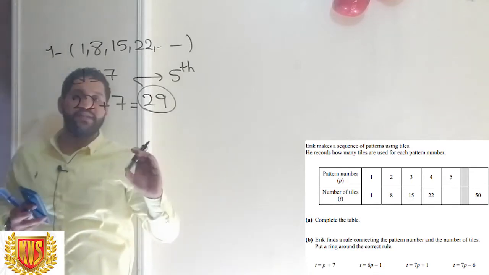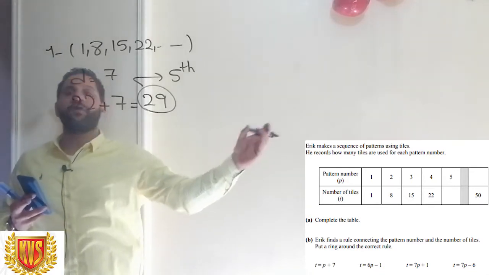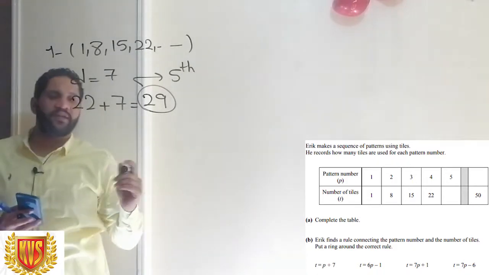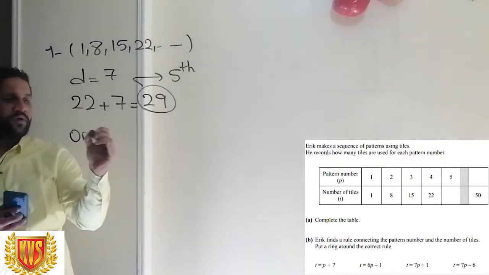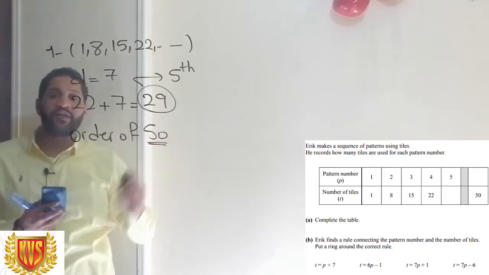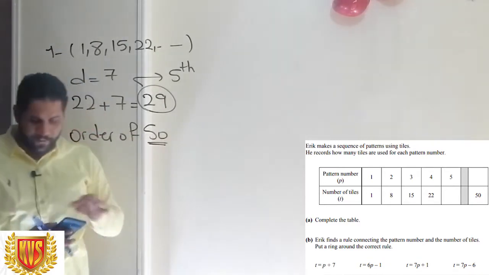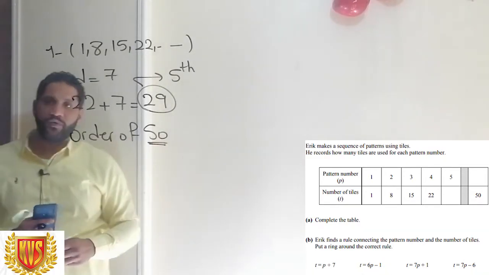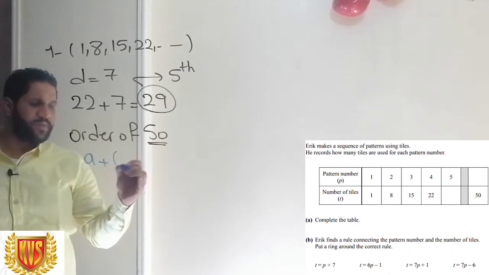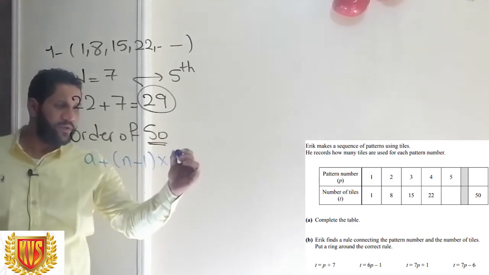Then I can see that in the table I have 50 and he wants me to find the number above it. So that means that he needs me to find the order of the 50. To find the order of anything, you need to get your nth term rule. What's my rule? The rule is a plus bracket n minus 1 times d.